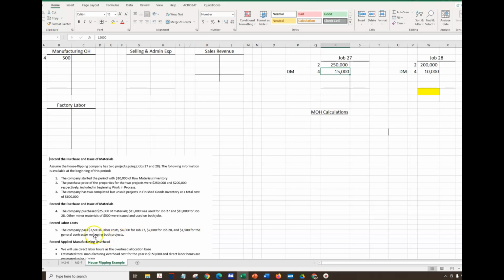So we have a total of $7,500 in labor costs, and this wouldn't be factory labor. This would probably just be labor because it's not a factory. So we can use this account or we can just post it to the proper accounts. And I want to show you using this account. So 7,500 went in here.